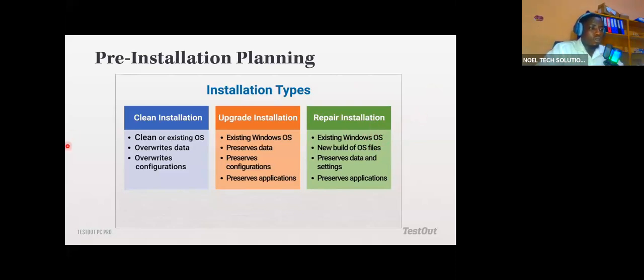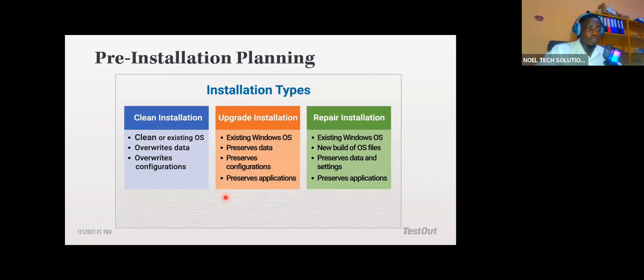So what we're trying to say here is that the repair installation just installs a new build of the OS files. So every OS file that used to be there, just the OS files, because the user data is separated from the OS files. OS files are the key documents or key folders that are only concerned with the operating system.